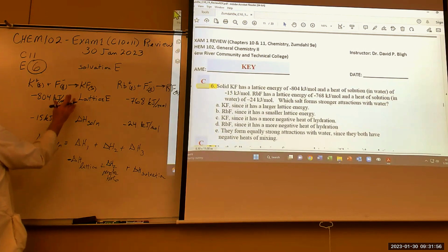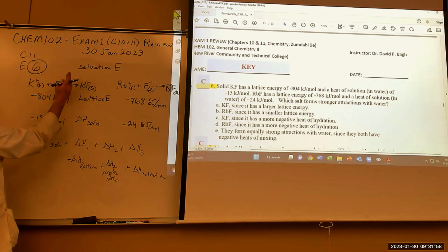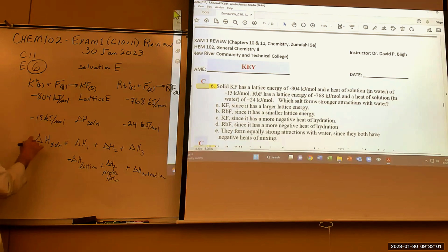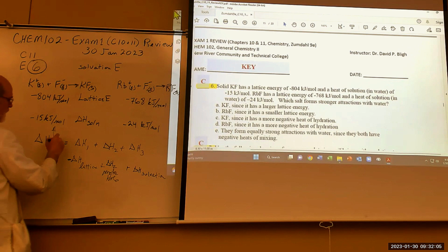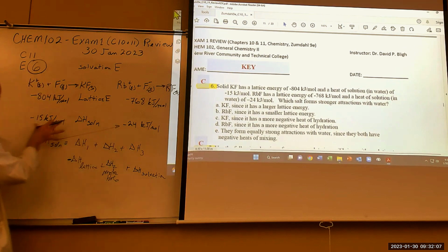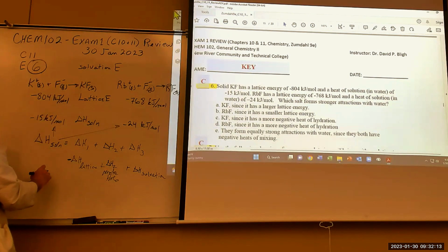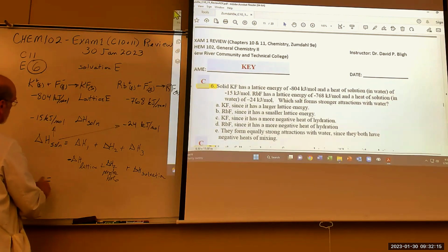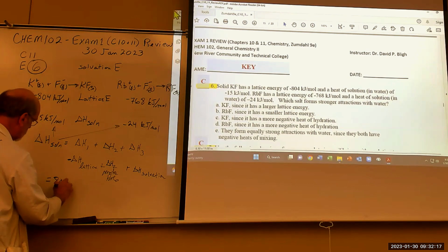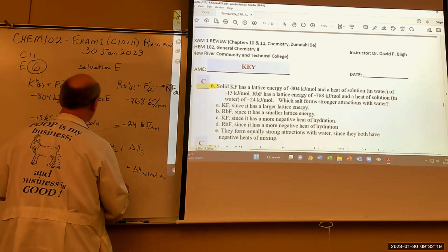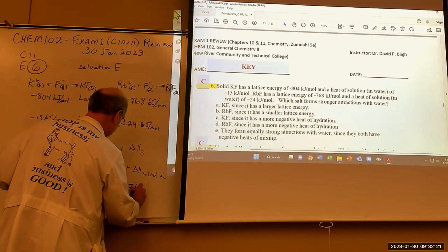We do know this one, right? For this compound, it's -15. So that's the total. All right. So this is the total for that one. This is the total for that one. It's a negative. So for this side, we'd have that equal to 804, and for this side, we have it equal to 768.